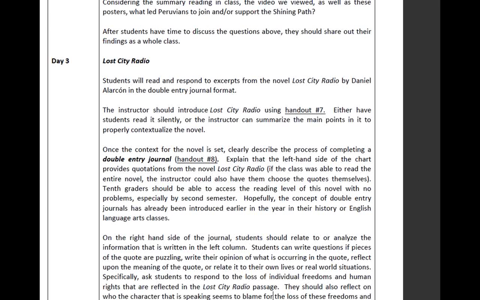So here we are at day 3, and students are going to actually get their hands into the text of Lost City Radio using handout number 7.